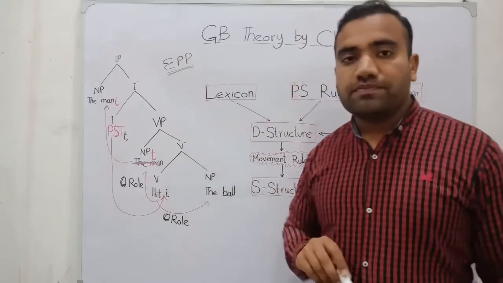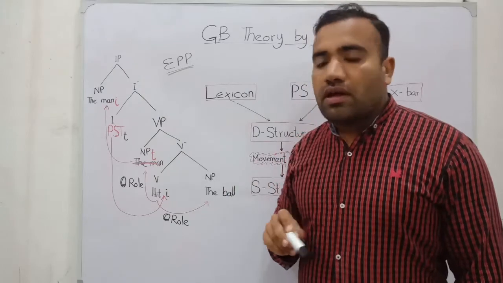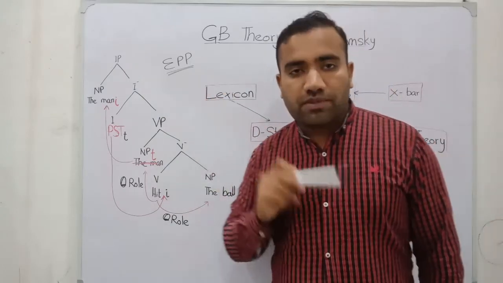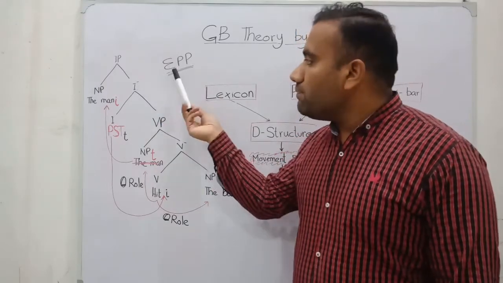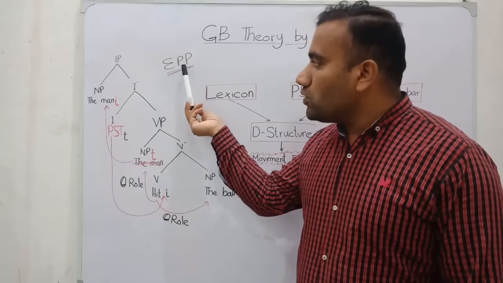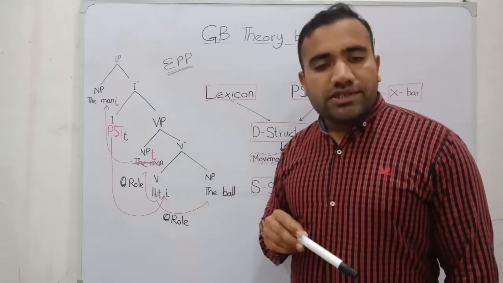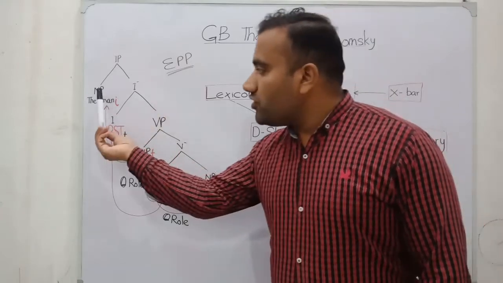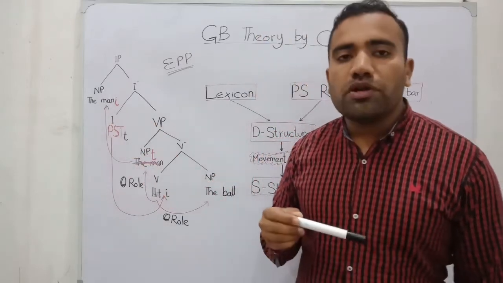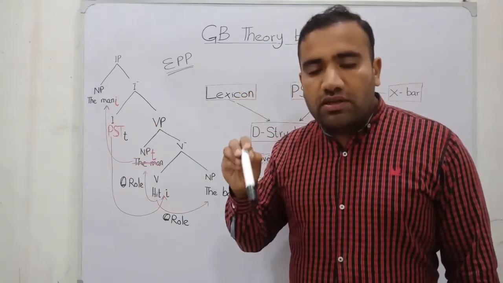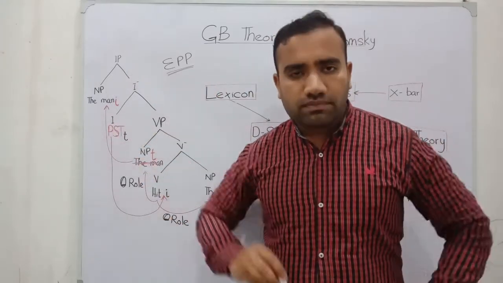Chomsky has stated that this IP, and the new name of this IP is TP, bears the EPP feature. This principle states that the specifier position of IP must be filled overtly. Overtly means phonetically there must be one item, but here we don't have any item.